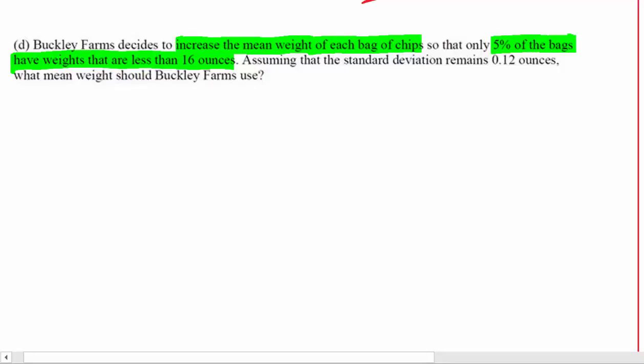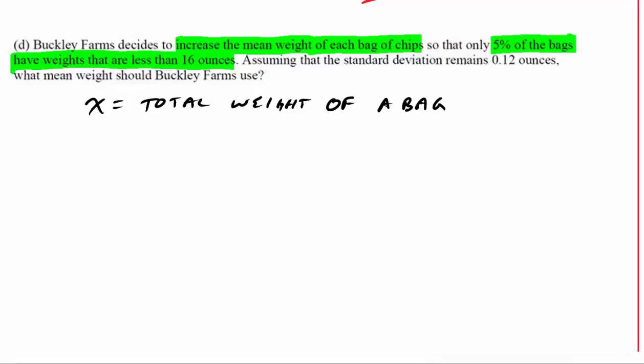So to kind of organize our thoughts, let's readdress some variables. Let x still be the same x from what we had before, and I'll abbreviate this: total weight of a bag. Since we are assuming that this is a normal distribution still, the one thing that we do know is the standard deviation.